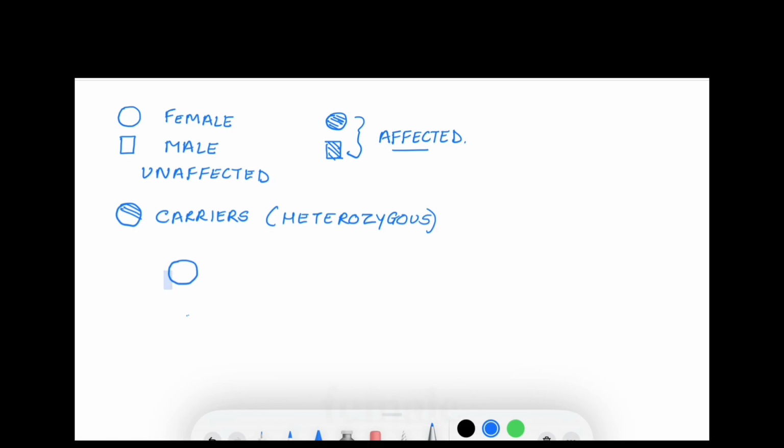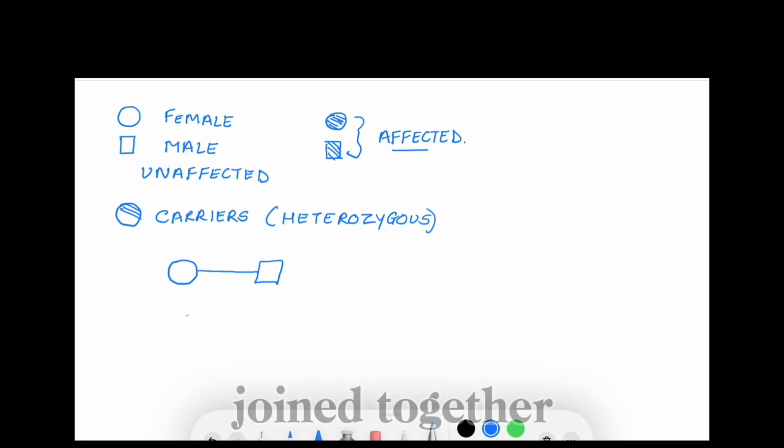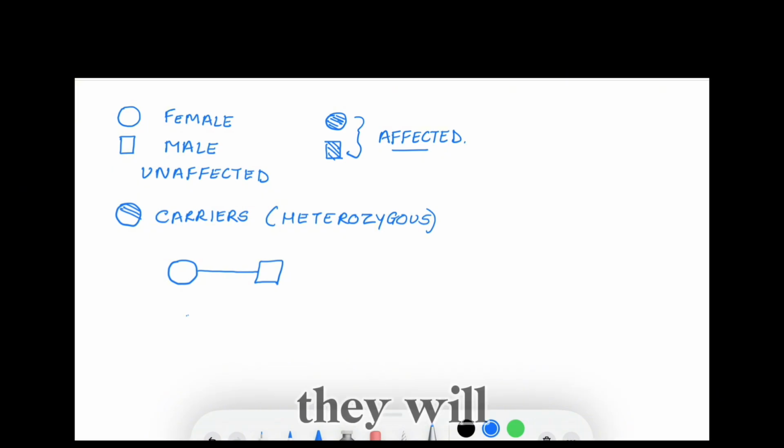Now this is a female and this is a male. When they are joined together, this line is known as the marriage line or coupling line. It means this male and female are joined together and they will reproduce. This line is known as the line of descent.